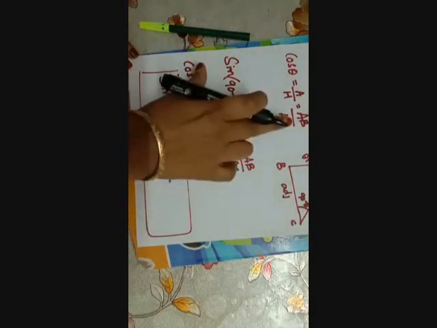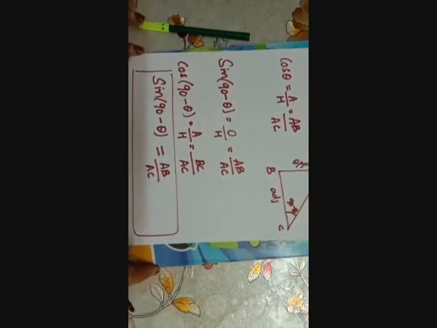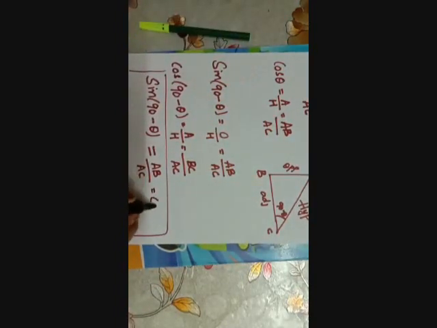Correct? But what is AB by AC? It is cos theta. So the derivation is sine 90 minus theta is cos theta. You do not have to memorize this derivation, just for your knowledge I explained.